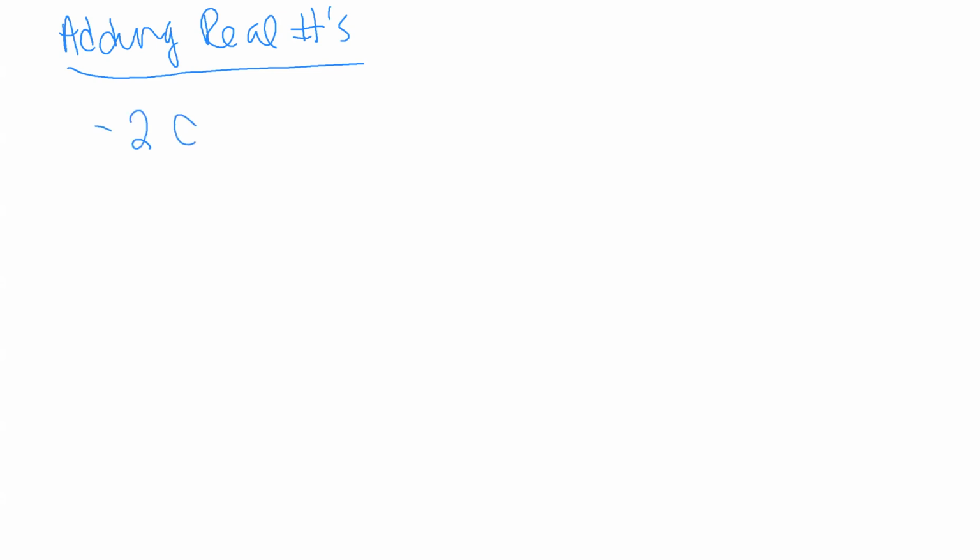Okay, so adding real numbers. Sometimes you'll see it as adding signed numbers, same thing. Now I am going to start with just integers so that you can pretty easily see how these negatives are going to work. But basically, you have two cases. The first case is adding two numbers with the same sign.